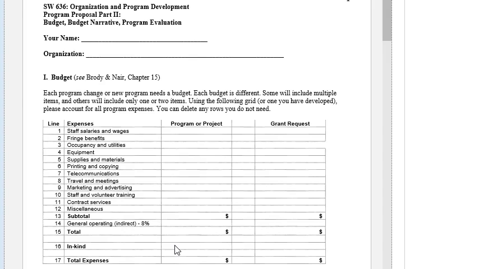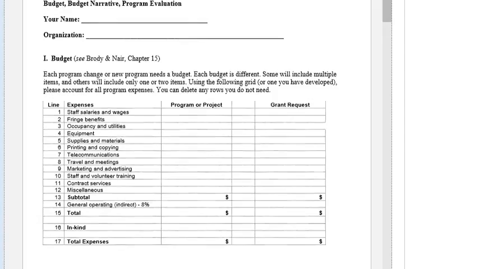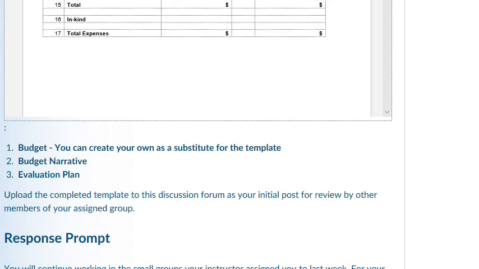If you have volunteers, what does that equate to in dollars and cents? Subtract that from your total and then get your total expenses. So again, these could be the same, but often you are not getting 100% of your funding from a grant.